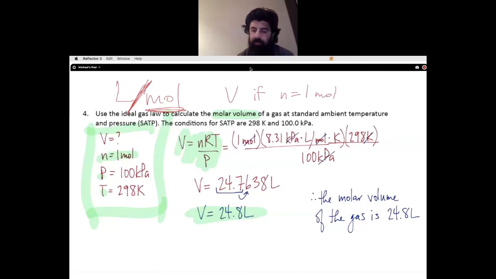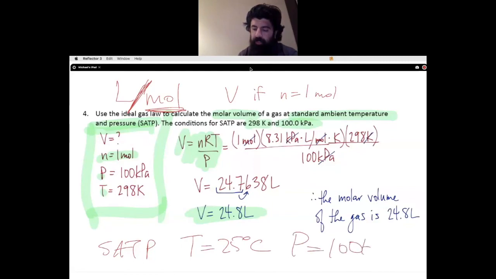And now here's the thing, one thing to make note: at standard ambient temperature and pressure, SATP, I happen to give it to you here, but remember that at SATP, T is not 0, T is 25 degrees Celsius, and P is 100 kilopascals.